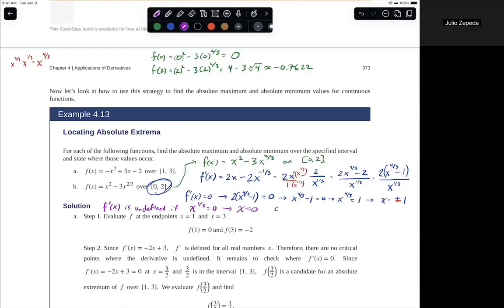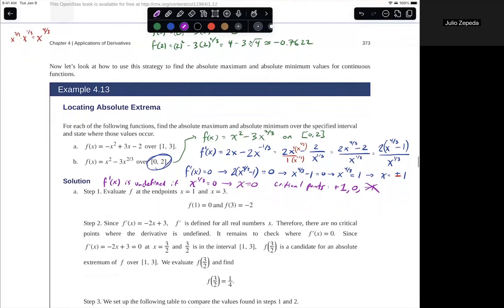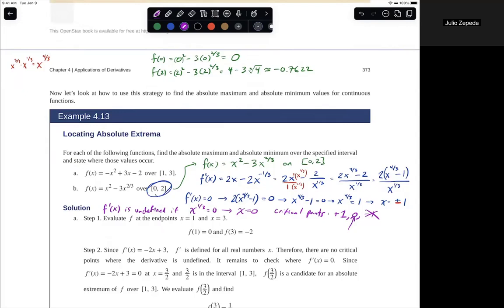So the critical points are positive 1, 0, and negative 1 is a critical point, but it's not in our interval, so we'll just ignore it. All right, and then 0 we've actually already checked because that was one of the endpoints. So we already checked the function's value at 0.